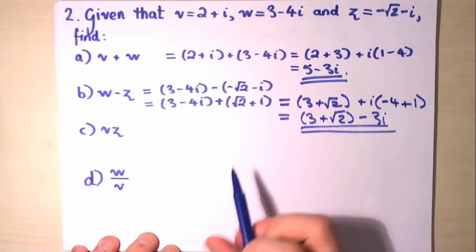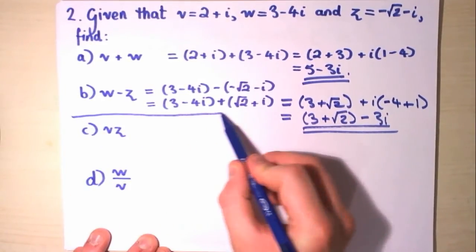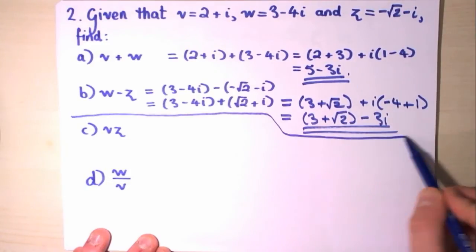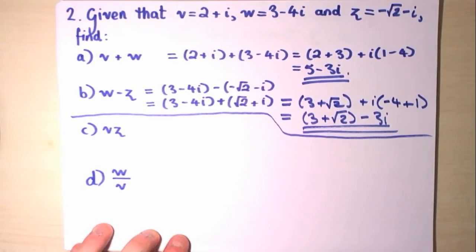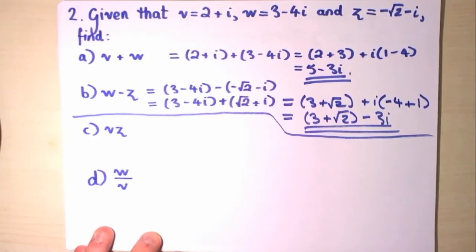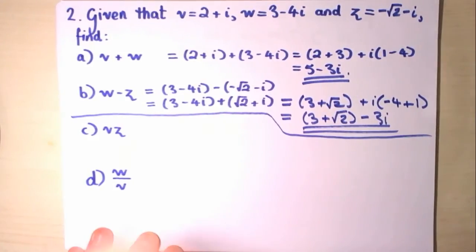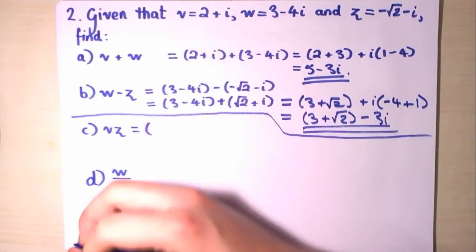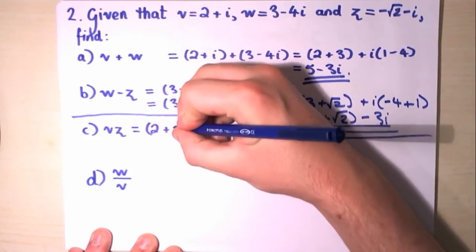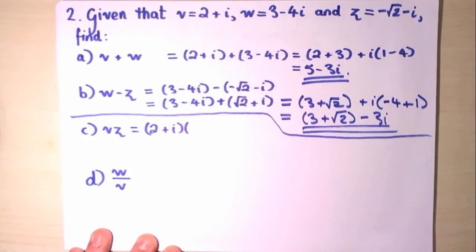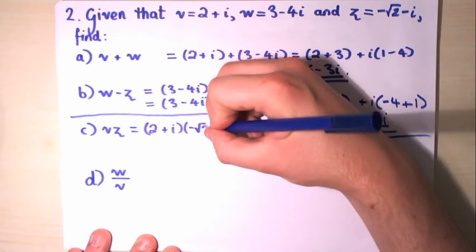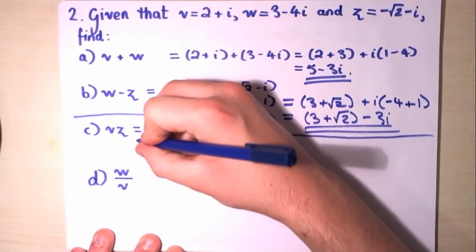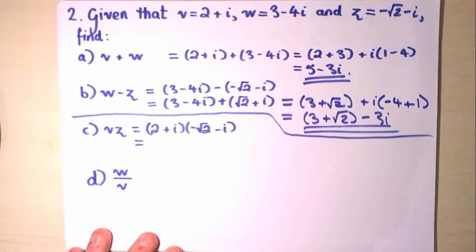Now to find vz, let me just draw a line to distinguish between the different parts. To find vz, what we have to do now is just expand the brackets as we usually would. v is 2 plus i, and z is minus root 2 minus i. We expand the brackets like we would with any factorized quadratic.